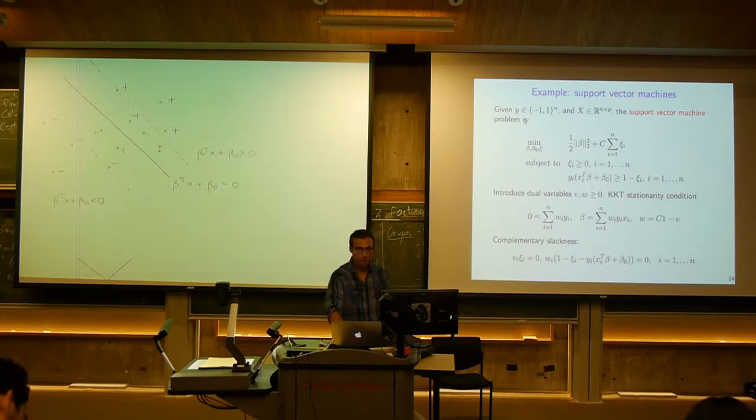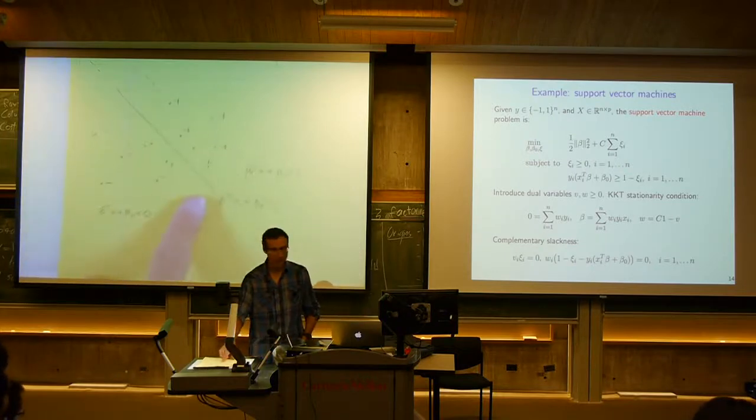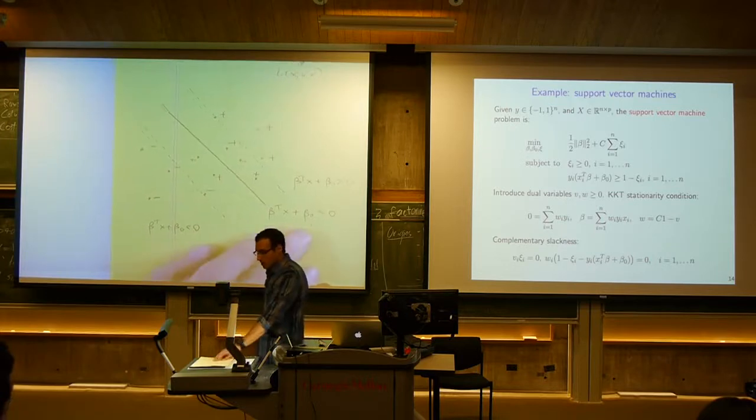So remember, let's say we have points that are labeled either -1 or 1 with associated features or predictors. And the SVM problem is a QP which tries to find essentially a hyperplane that separates all the points labeled -1 from all the points labeled +1 with the largest margin possible, allowing for some slack. So this is the picture you might have in mind. The hyperplane is defined by beta transpose x plus beta 0 equals 0.